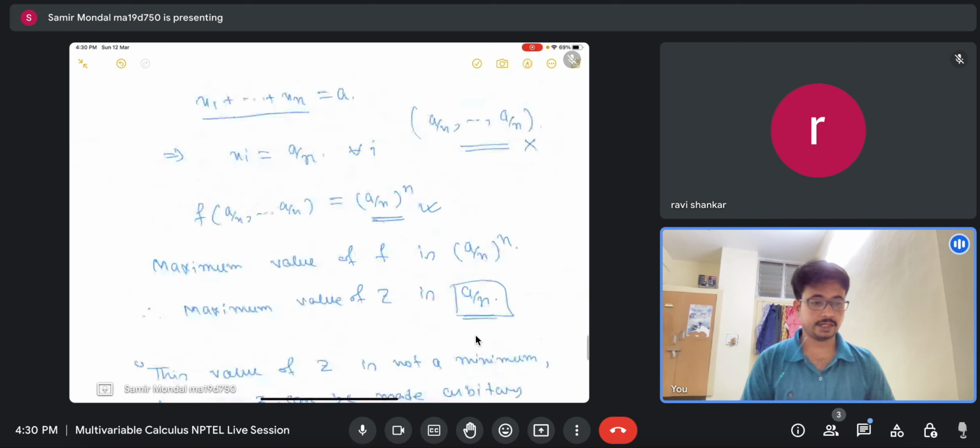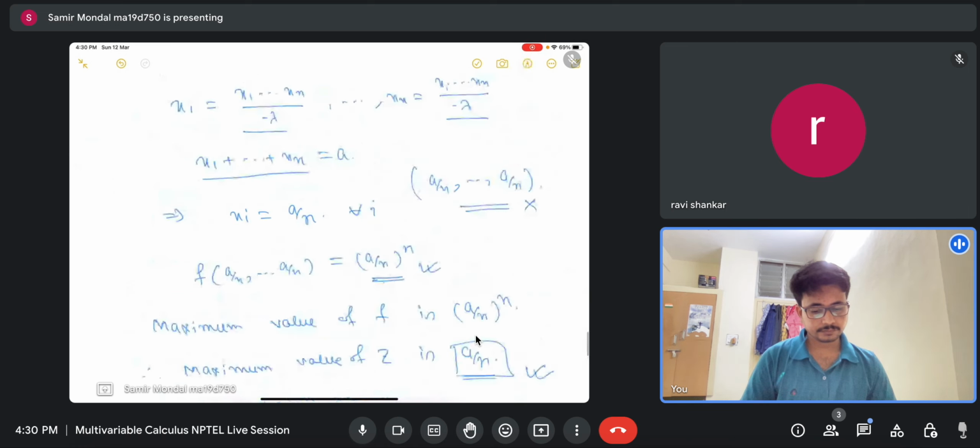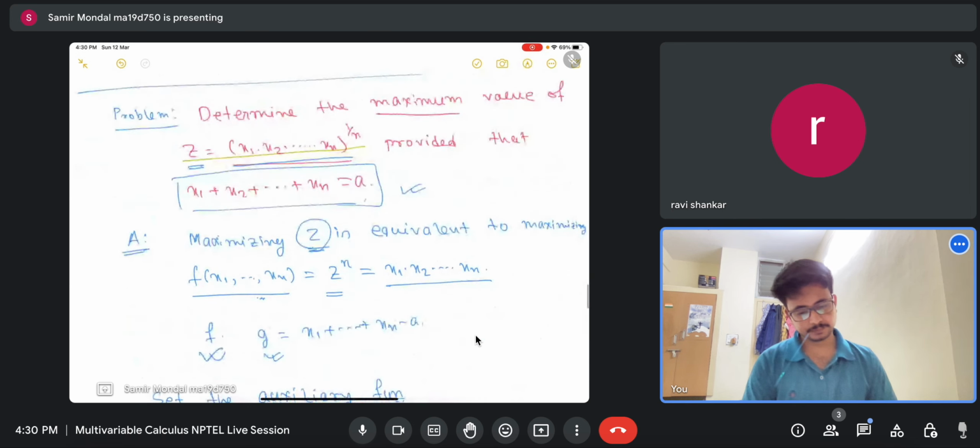So the maximum value of z is a by n. From this, what can we conclude? Do you know what the arithmetic mean is and what the geometric mean is of positive numbers?